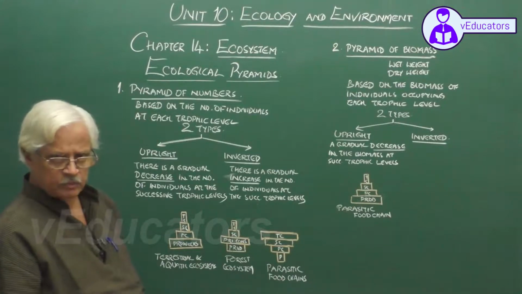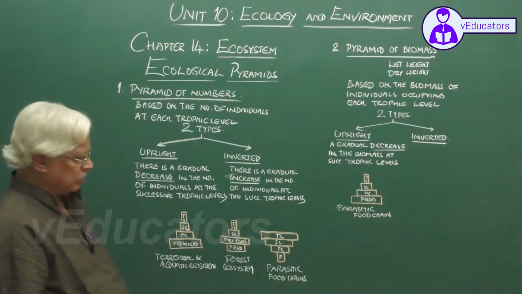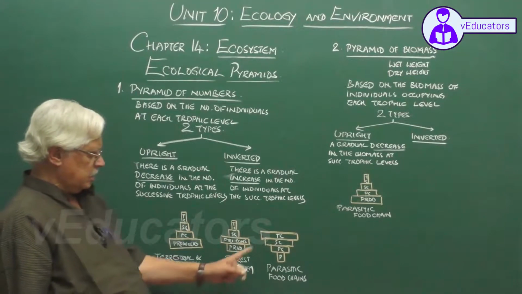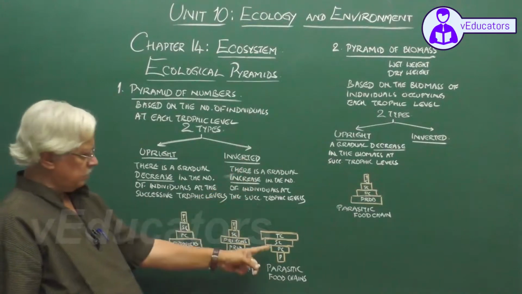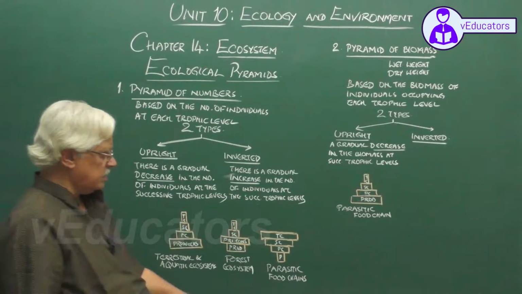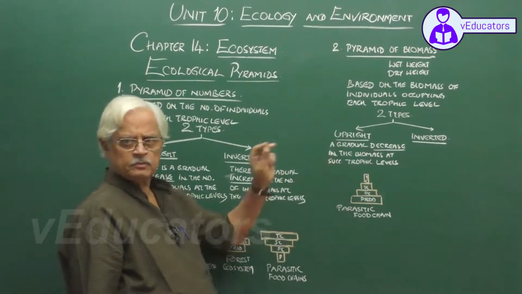So you can see here, in a parasitic food chain, pyramid of number is inverted, whereas pyramid of biomass is upright.